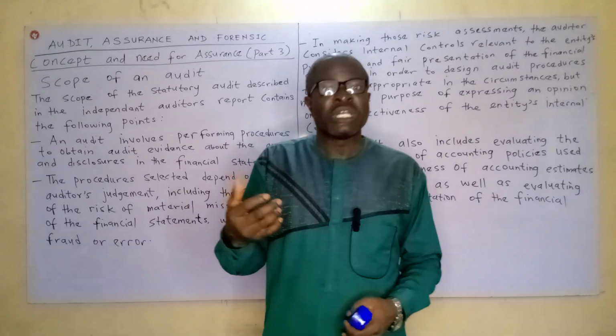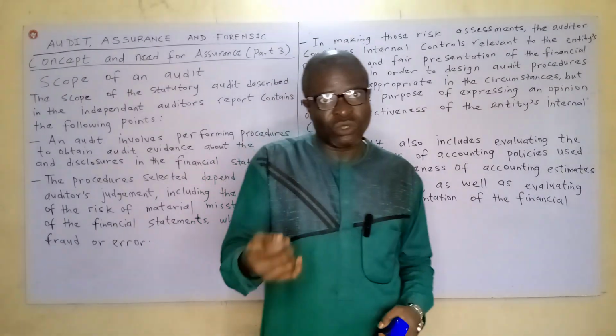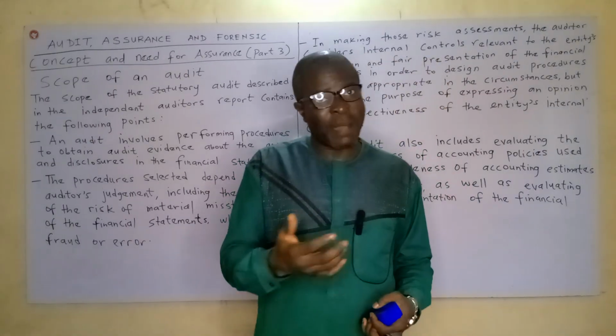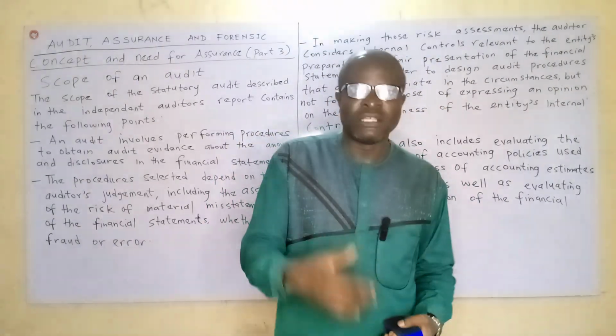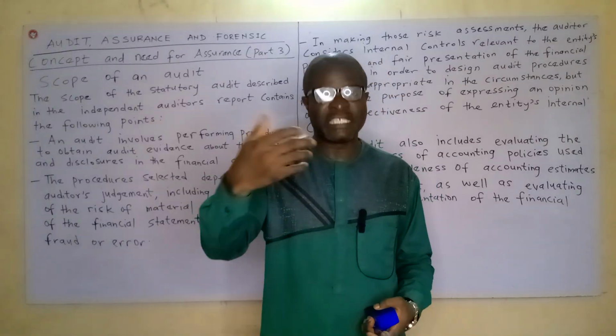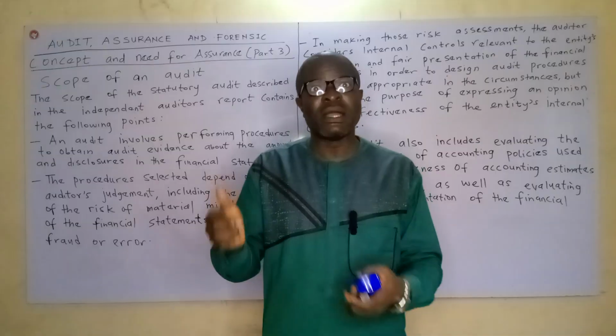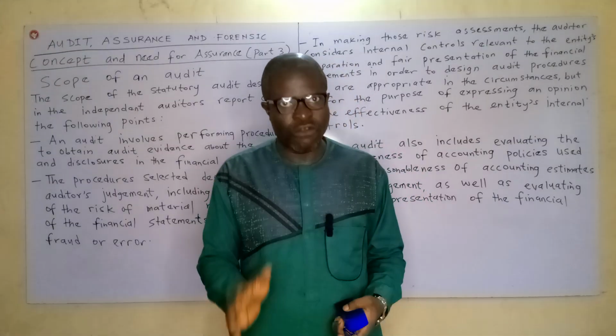Then he may also take a further step to write to the company's lawyer, because there is no way the company will acquire a property without involving its lawyer. So the auditor will also write to the company lawyer to confirm whether the information about the building is correct.